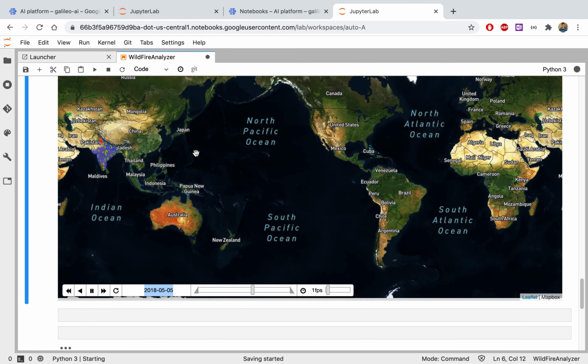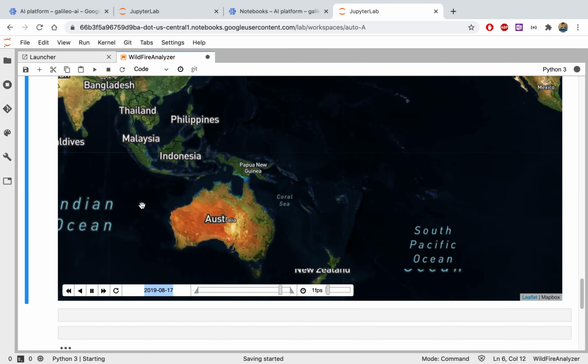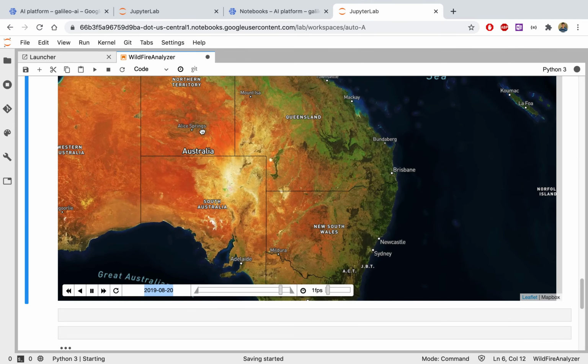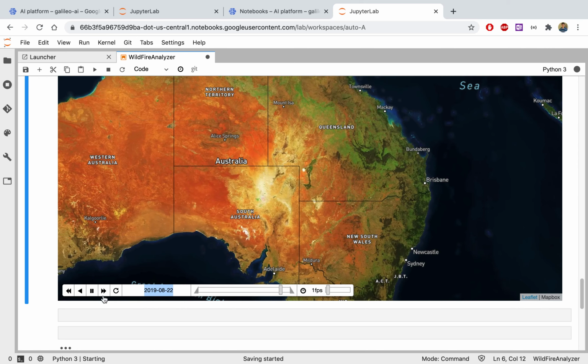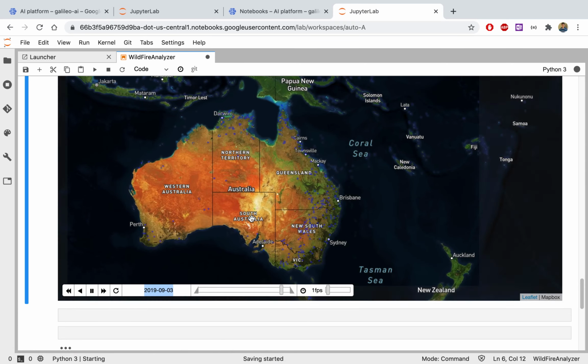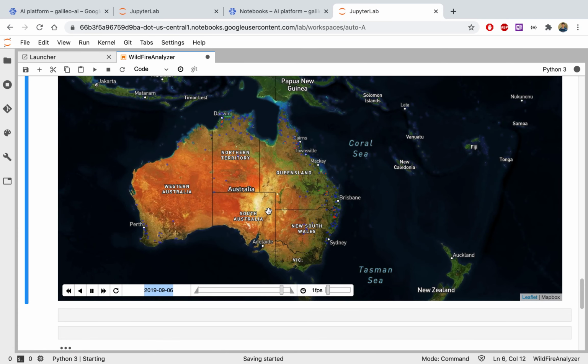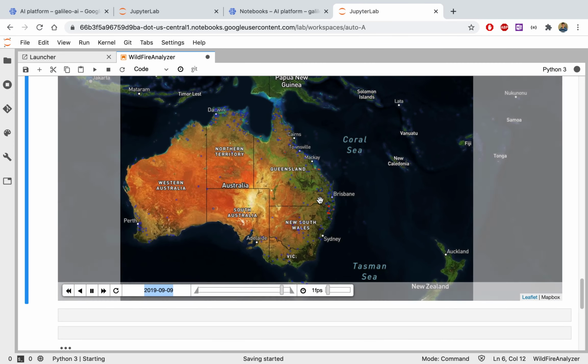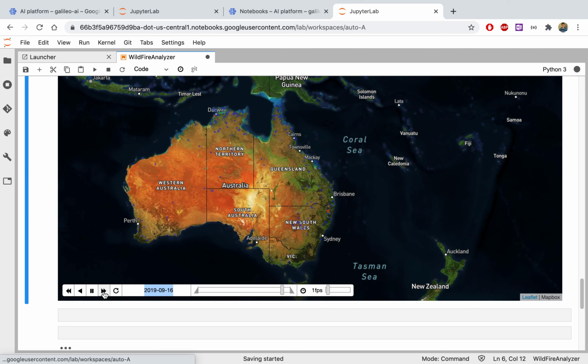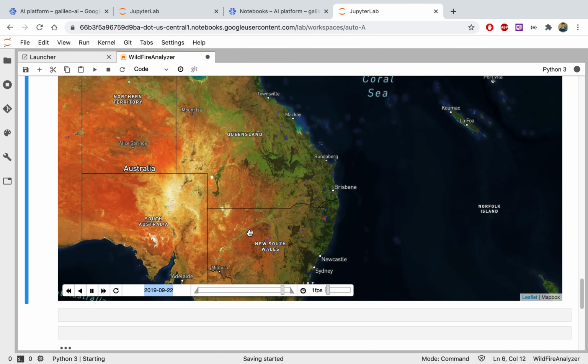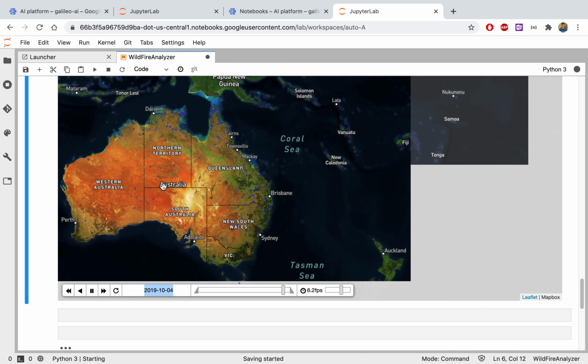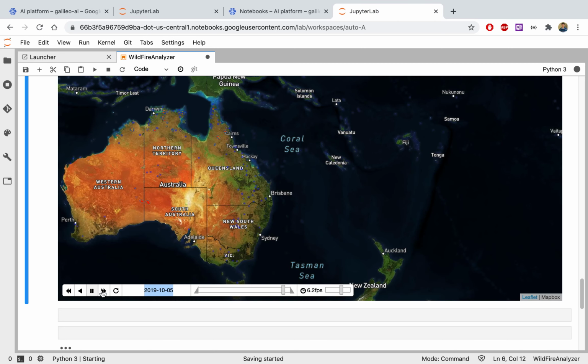Let me move to Australia and move to 2019. Zoom in here and let's see. As you can see, during the September time is when the fire started in Australia, and all these data points indicate that there has been a lot of fire that had been caused during this time.